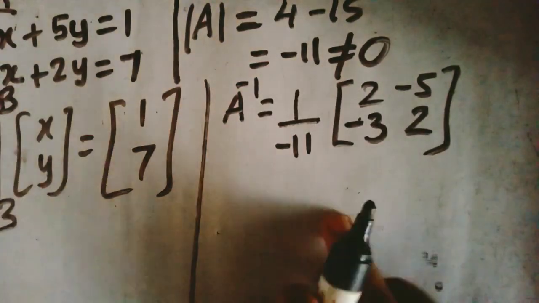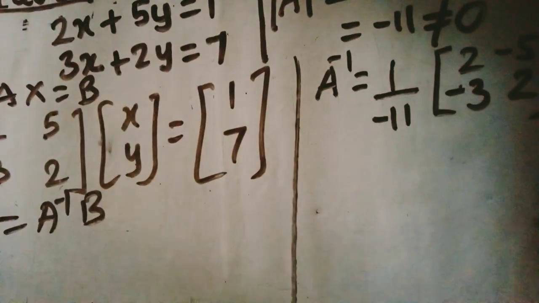So this is your A inverse. Now you have to multiply it with B.